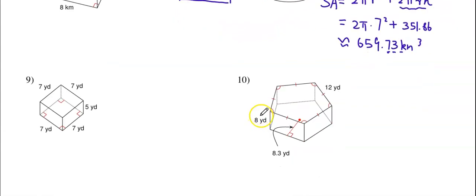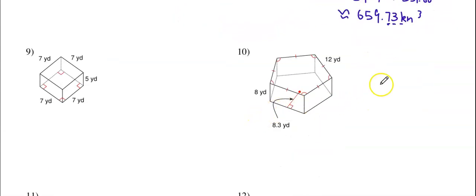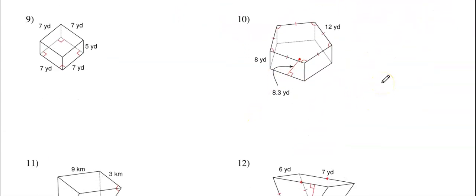Let us continue. Let's see what we have for the next one. Question 9, be careful. Don't be so fast. It is not a cube. If it's a cube, this little value should also be 7. But this is not a cube. So let us calculate the lateral area first.